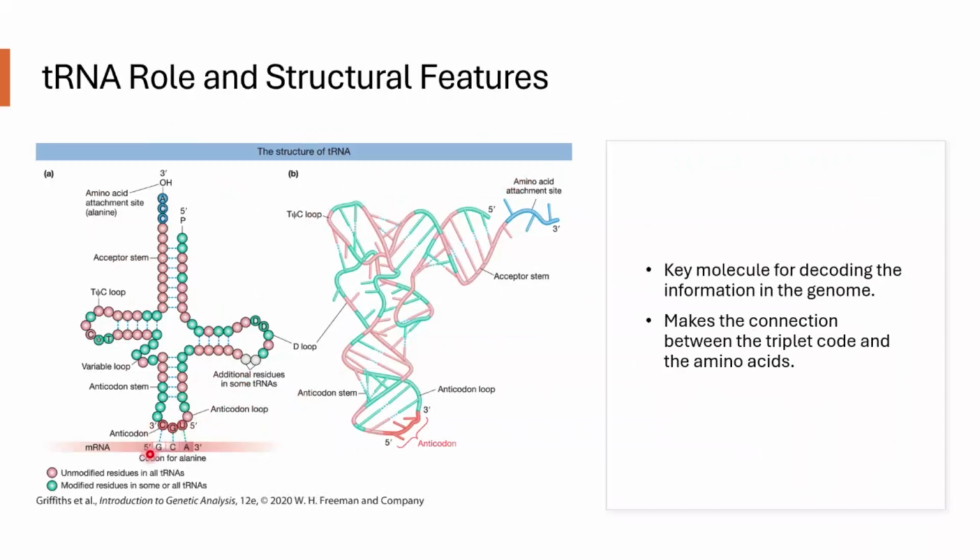Second, you need a specific anticodon. So there's many tRNAs that exist. Each one brings a certain amino acid. Some of them will have multiple tRNAs that can have different anticodons bring the same amino acid. So you will need this piece of anticodon here, and you'll also need in your structure the amino acid attachment site. So if you are looking for all the tRNAs in your genome, then you can look for these features.